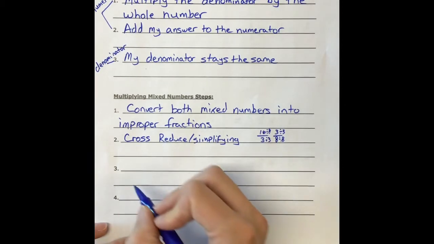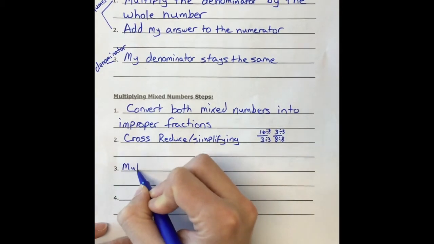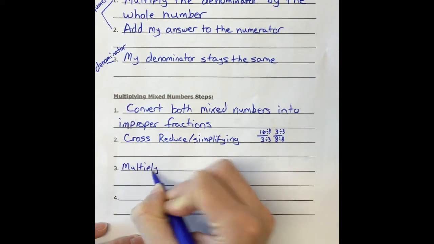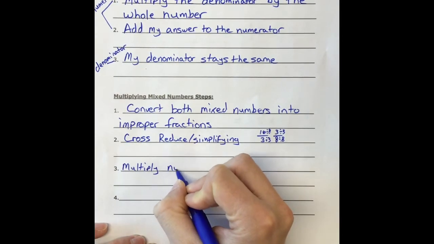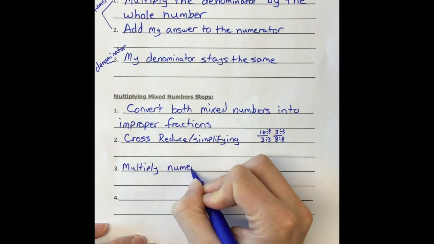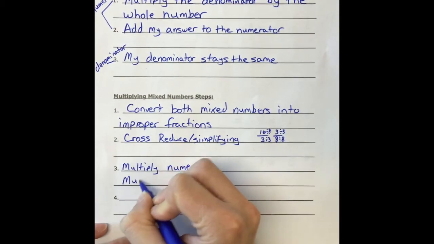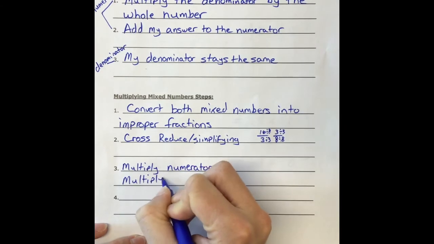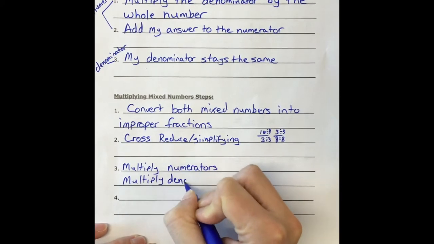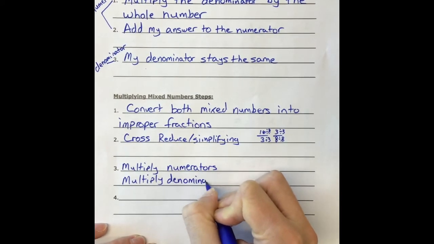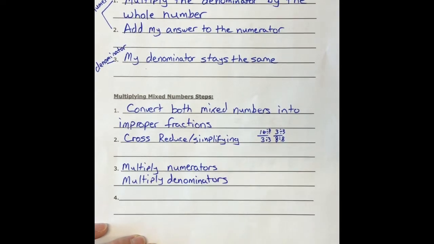And then step 3 is to simply multiply numerators and multiply denominators. So you just multiply straight across, just like we were doing with multiplying fractions.